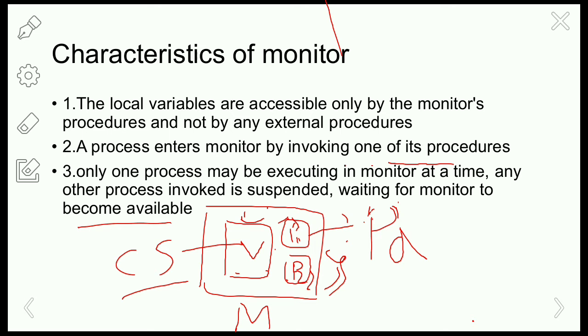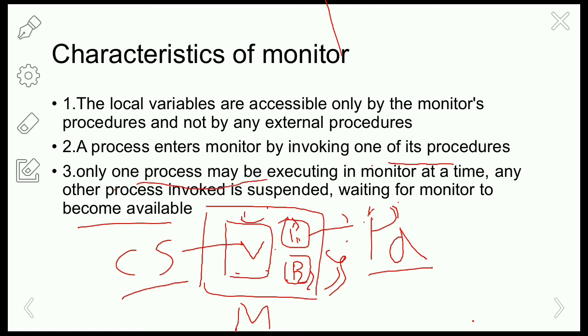So another process is not allowed to enter while any process is inside the monitor. So no process can enter the monitor using any of the other procedures also, that is P2 or P3, Pn.